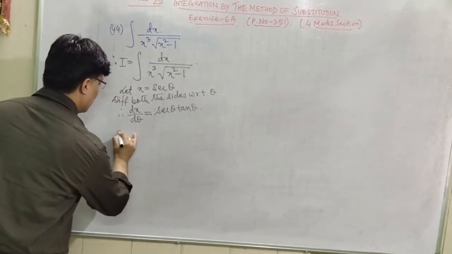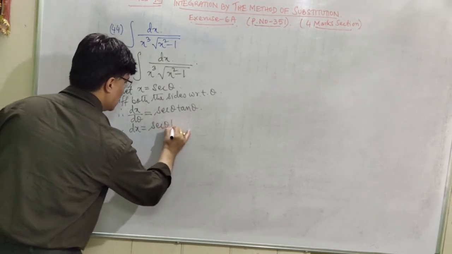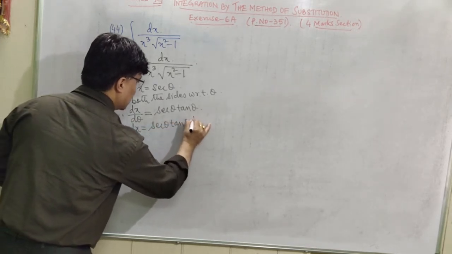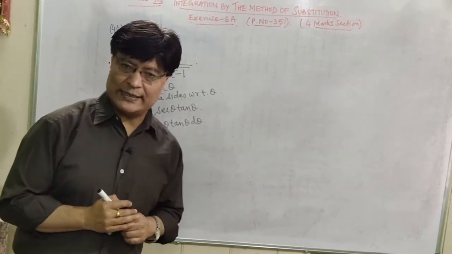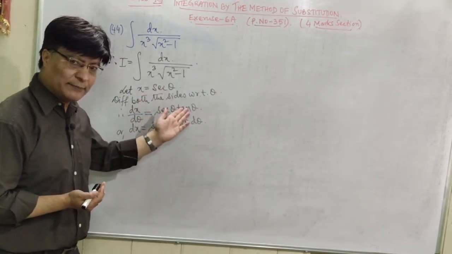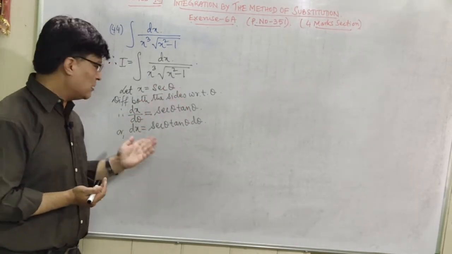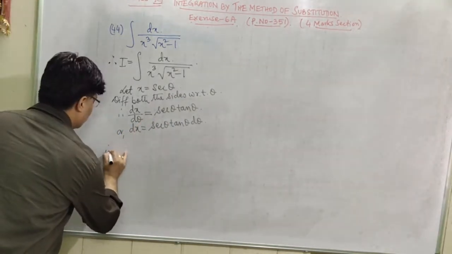Now cross multiplying by d theta, you will get dx is equal to sec theta tan theta d theta. So what is I now?